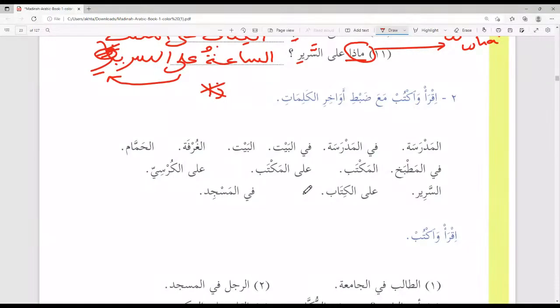The meem has a kasra because of the ba. This ba is also a preposition like fi and ala. And another one to remember is what you all know without even knowing it.